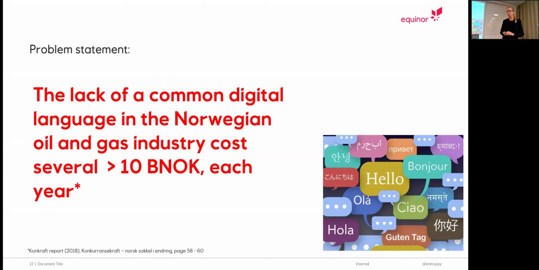And the reason for this seminar, we will discuss the unified reference model for smart manufacturing and test cases, etc. We believe that this is part of the solution to decrease this 10 billion Norwegian crowns.